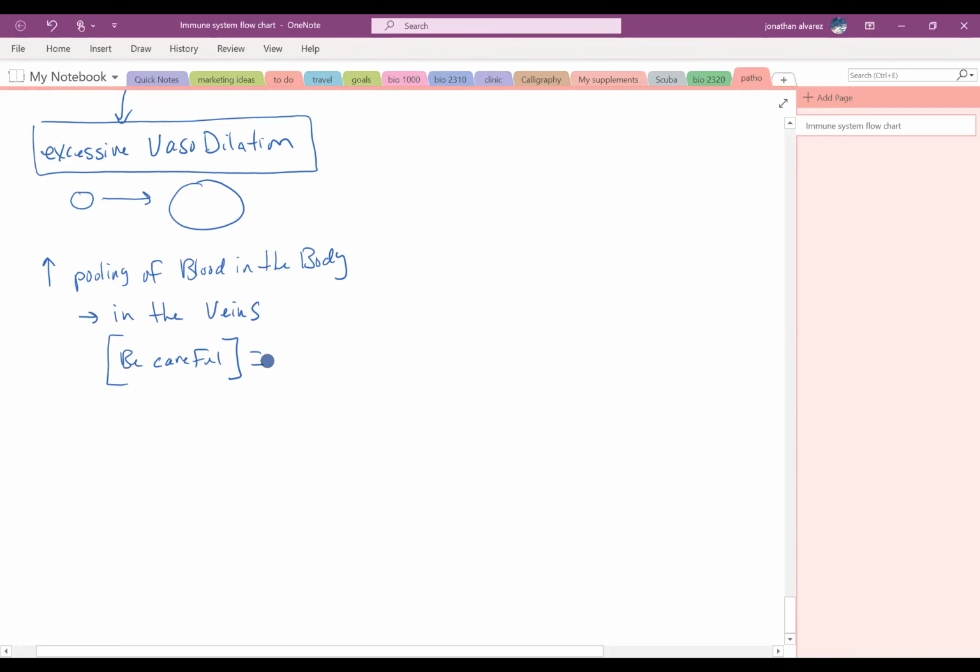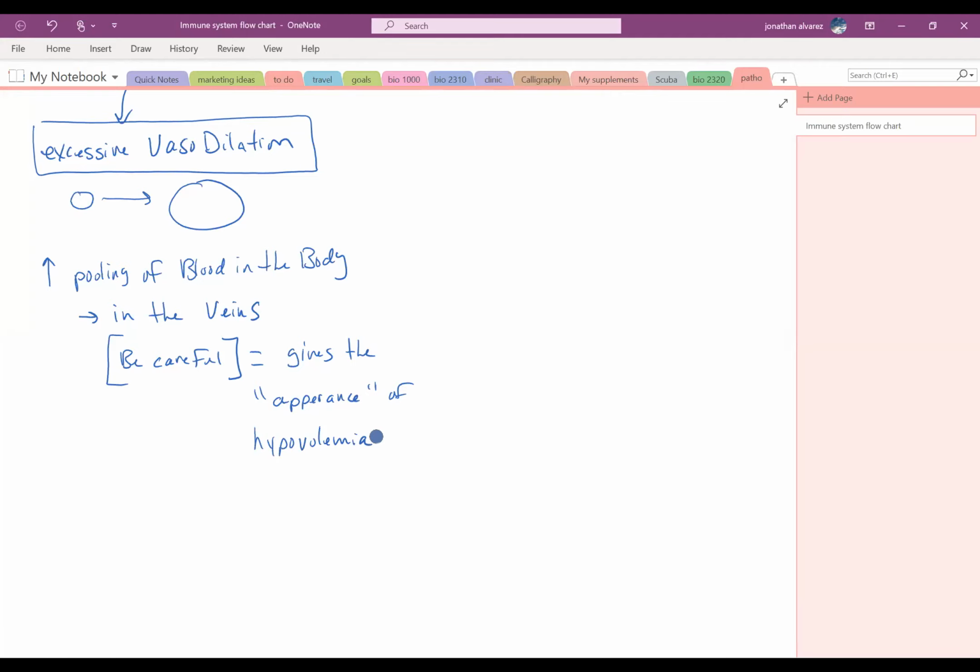Be careful because it gives the appearance of hypovolemia. But it's kind of not, because they didn't lose any fluid. The fluid didn't leave their body like you would expect from hemorrhaging. The fluid is kind of hiding out, so to speak. So just be careful on this. It gives the appearance of hypovolemia.